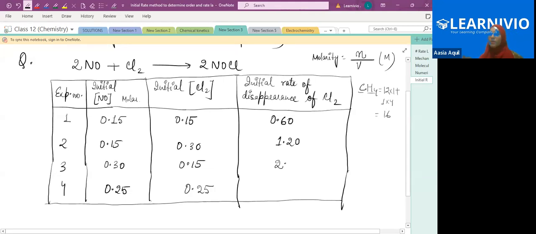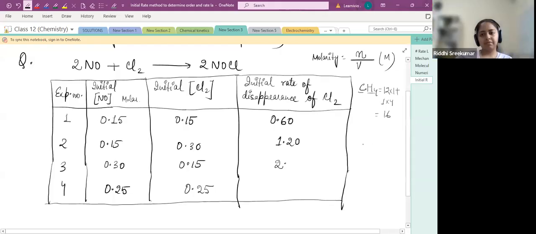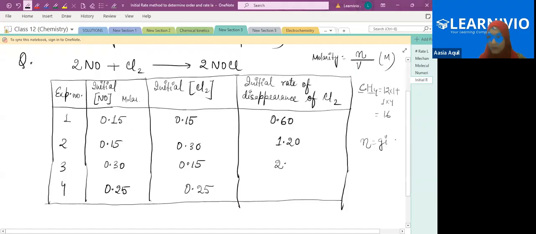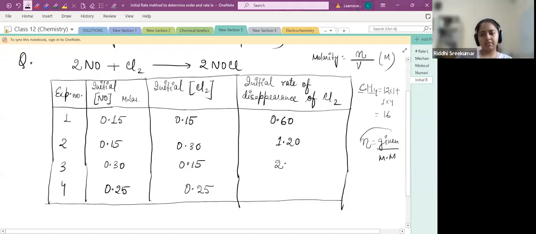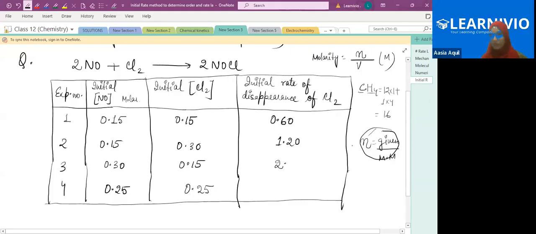So you can't say molarity and molar mass are the same. The number of moles is the given mass upon molar mass. Both are different terms. Molar concentration means the molarity is given.